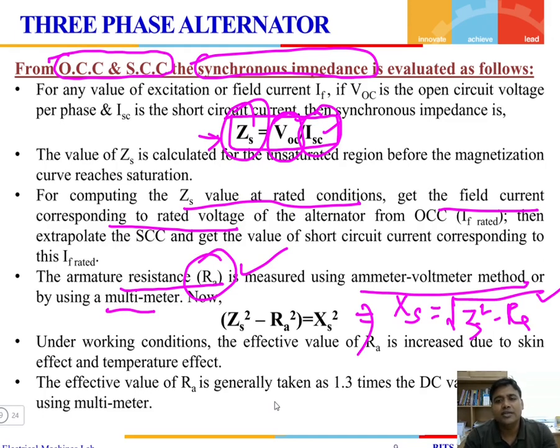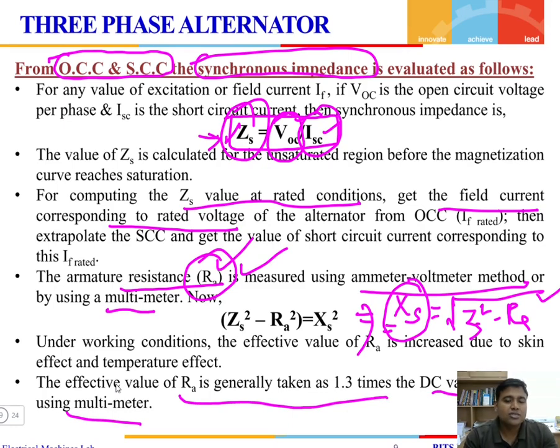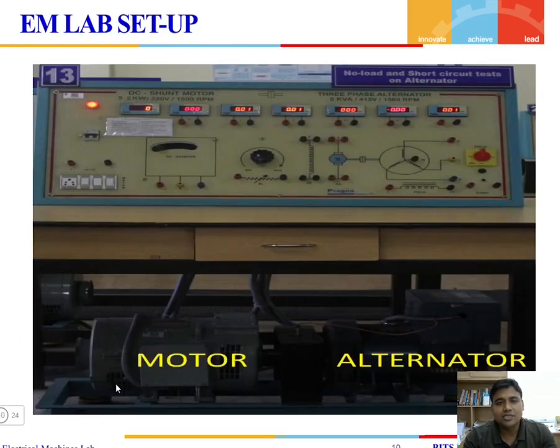So we can determine the reactance of the machine. The effective value of RA is generally taken as 1.3 times the DC value measured using a multimeter. So whatever reading we measure using the multimeter, we multiply by 1.3 to get the armature resistance.